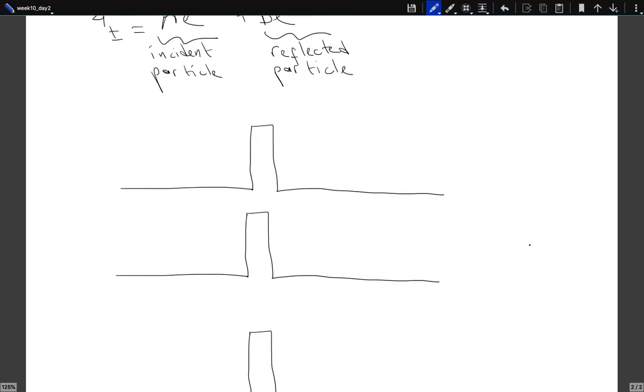Let's say that I created a wave packet, not a single wave, but a wave packet.